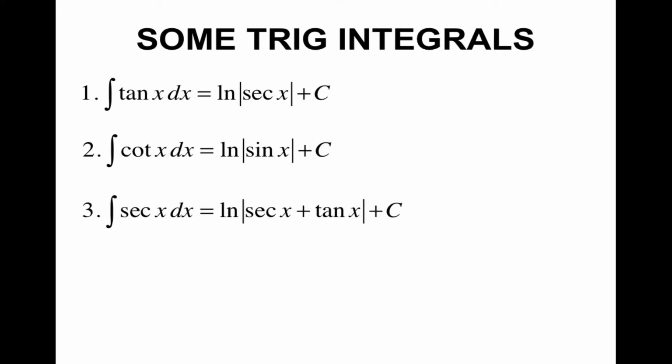The integral of secant x dx is equal to the natural log of the absolute value of secant x plus tangent x plus c. And the integral of cosecant x dx is equal to the natural log of the absolute value of cosecant x minus cotangent x plus c.